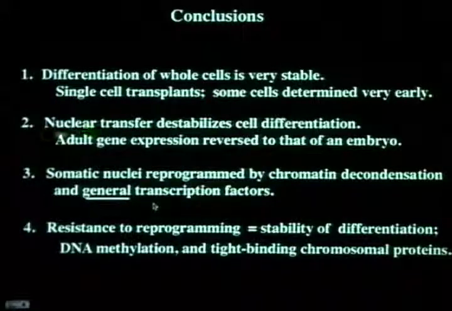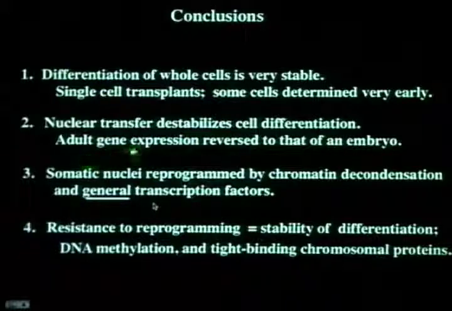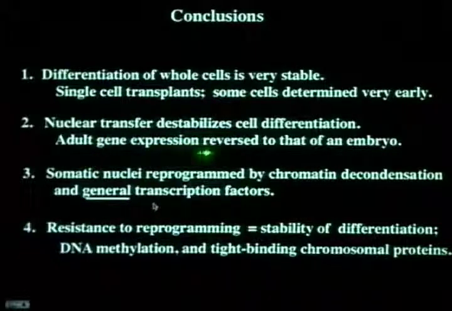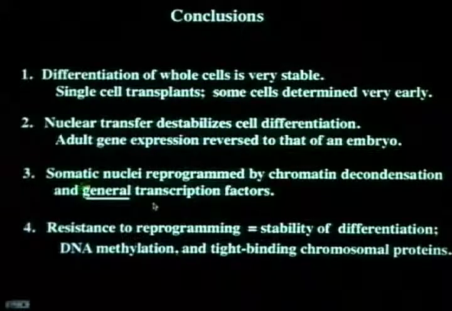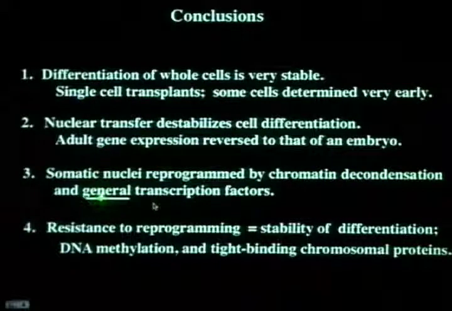Then we talked about how nuclear transfer destabilizes cell differentiation and mentioned that the adult gene expression is reversed back to that of an embryo using eggs or oocytes. Somatic nuclei are reprogrammed mechanistically by chromatin decondensation, and we know a factor involved there, and by the general, not gene-specific transcription factors.